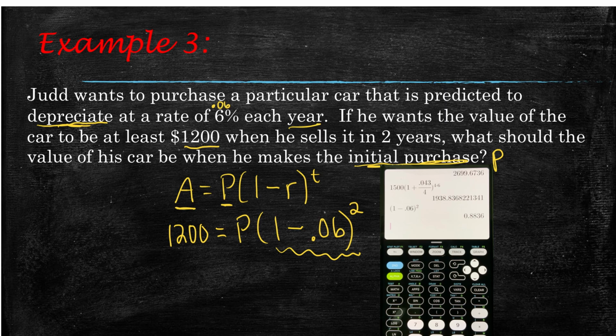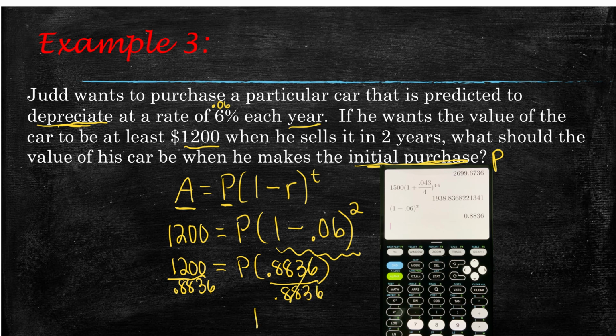So we're going to put 1,200 equals P times 0.8836. And so now you would want to do 1,200 divided by 0.8836 to find out that P value.